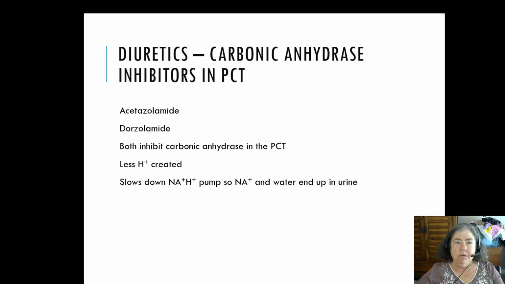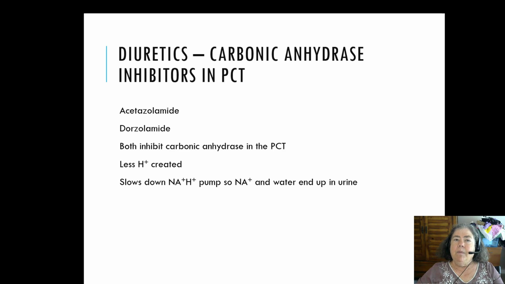As we move through our discussion of the kidney, we're going to talk about diuretics, which are drugs that make you pee more, right? Diuretics are drugs that promote urination. And most diuretics obviously work in the kidneys because that's where the pee is made, or at least primarily in the kidneys. Many of them have actions in other places as well.